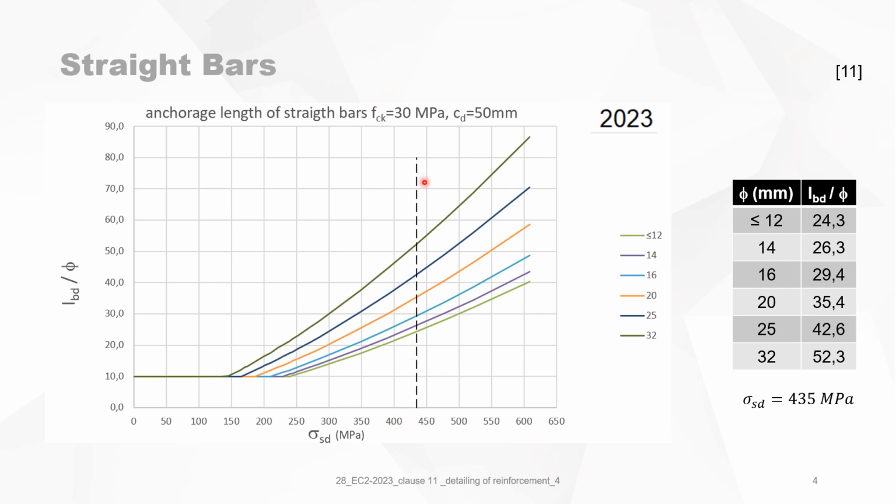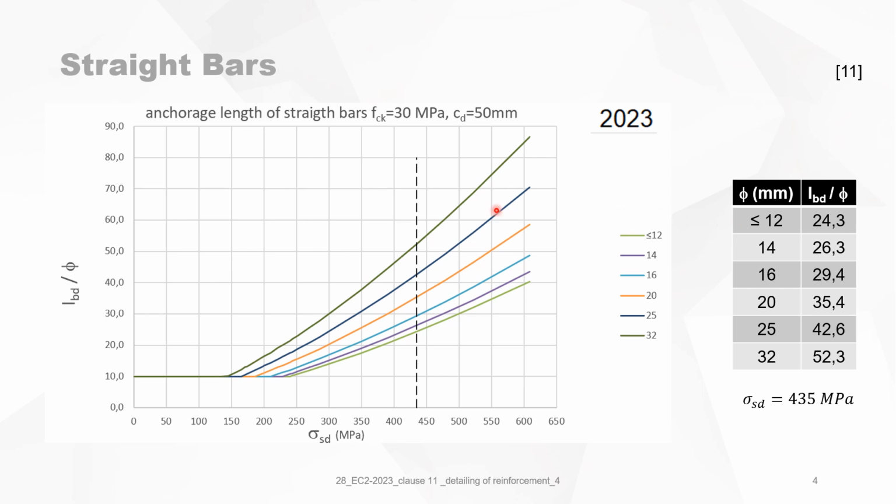Taking the dotted line of 435 megapascal, which is 500 divided by 1.15, and we take all those different crossings here and look at the values, for instance, for diameter 32, you end up here with something more than 50, which is 52.3. This table gives you an idea.